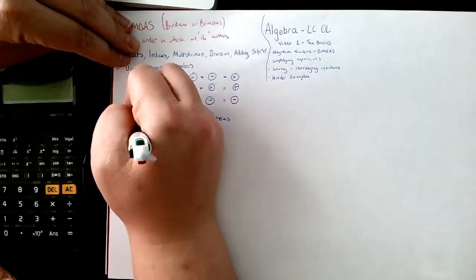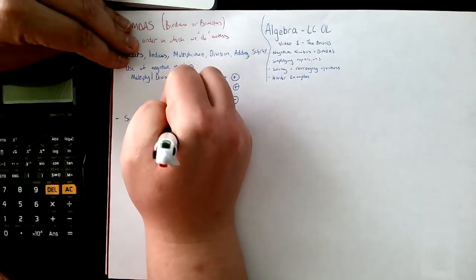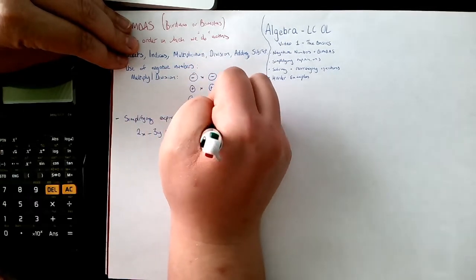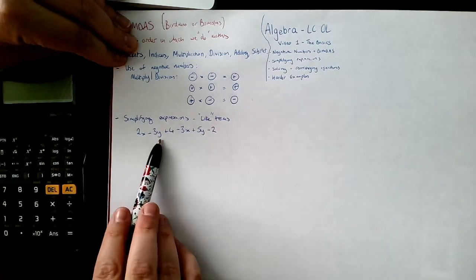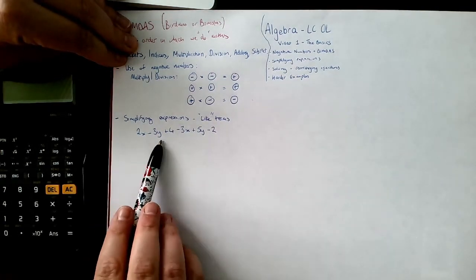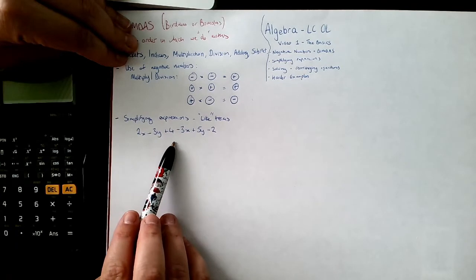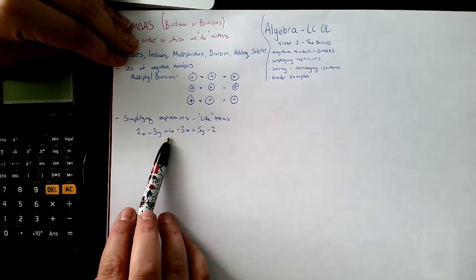Okay, so we have 2x minus 3y plus 4 minus 3x plus 5y minus 2. If we're asked to simplify that, we can't add an x and a y because we can't add an apple and an orange. We can't add a y and a 4 because that's an apple, an orange and a banana.